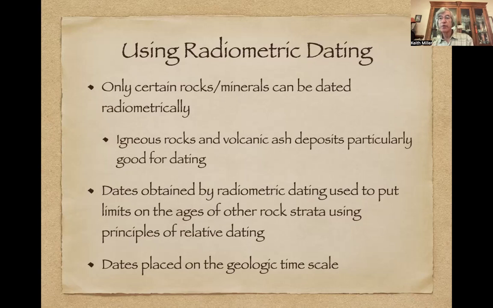So again, I have another hands-on video where I work this through, where I give you a geologic cross-section and I show how the relative dating and then producing numerical dates, and showing how you can say this series of rocks is younger than this date and older than this date. So that's what radiometric dating does.